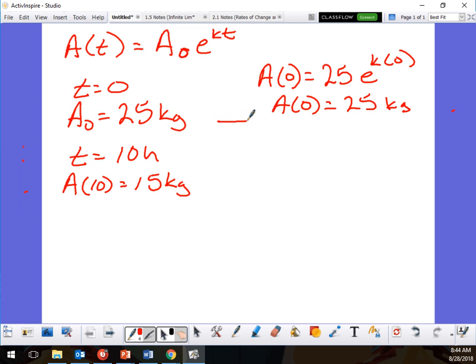So the next part is, I know that A of 10 is 15, right? So that is going to go into my A of t formula. So it's going to be 15 equals my initial, which is 25, e to the k, and my time is 10.